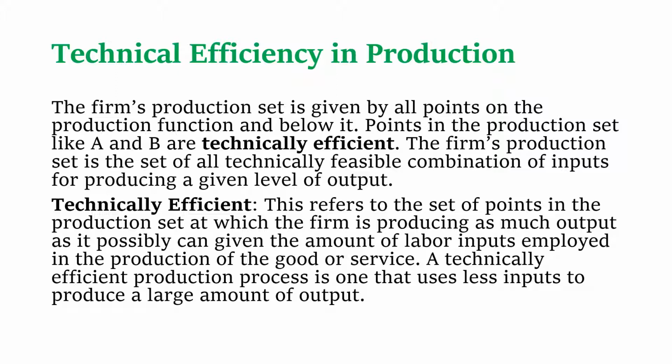If we are to produce at point C, D, and E, then we say the farm is technically inefficient because it's producing below its capacity. It's not producing the amount that it could produce because it has the ability to produce at point A, but because it can't produce at point A, we say it's technically inefficient.